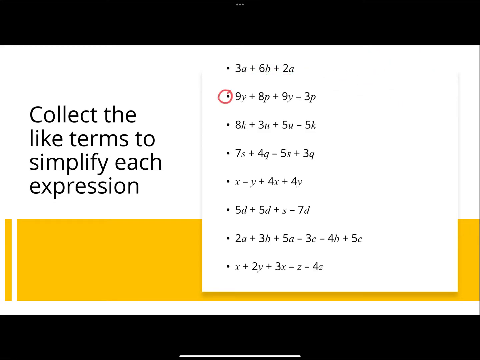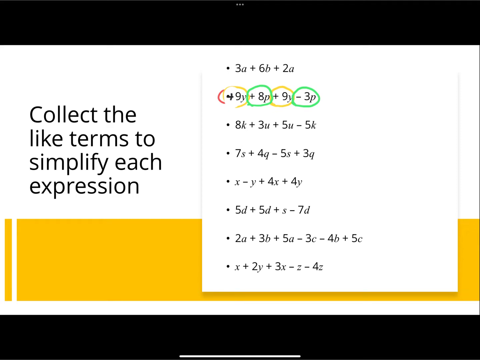Question 2. I have y's, a 9y, and a 9y. I have some p's. So the first thing I'm going to do is rewrite that with the y's grouped together and the p's together. Notice at the front here, my plus 9y.